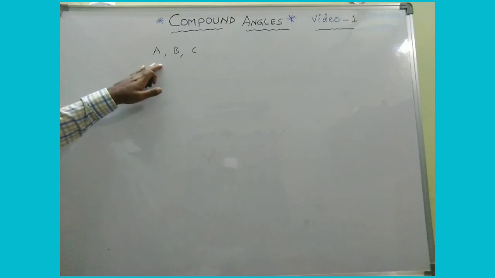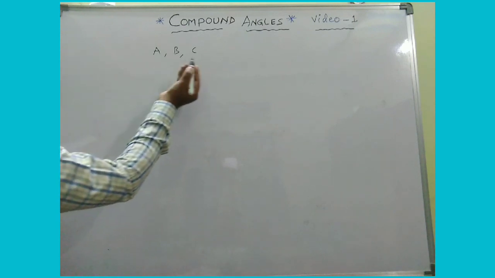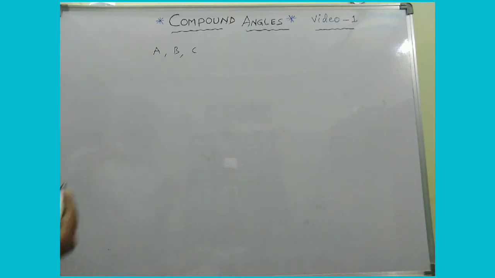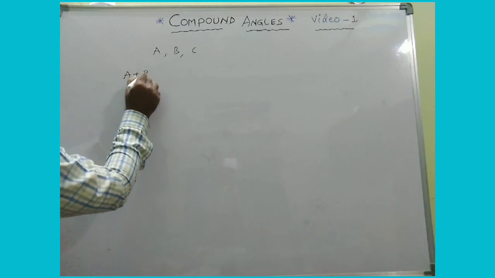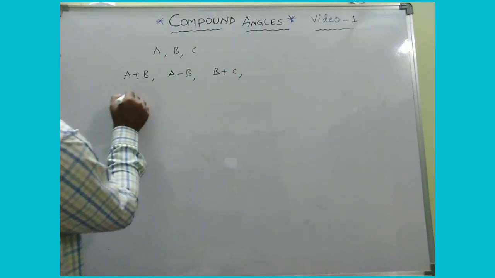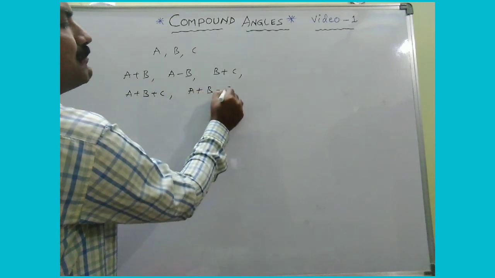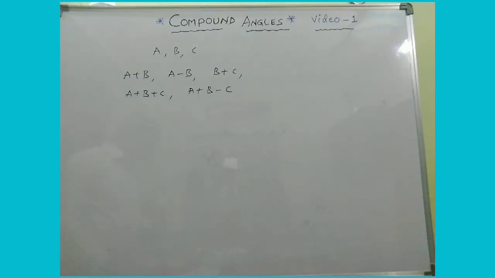So suppose A, B, C are the angles, then the algebraic sum of these angles may be A plus B, A minus B, B plus C, or A plus B plus C, or A plus B minus C. So finally, the algebraic sum of two or more angles is called compound angles.